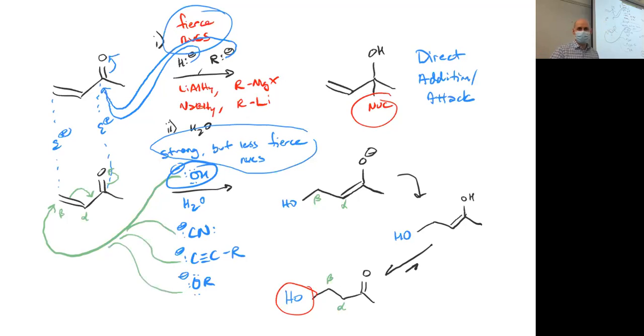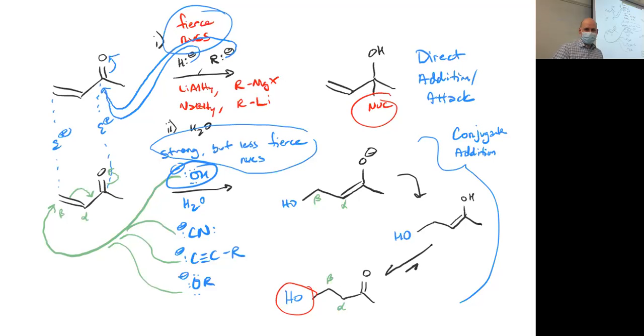And this is just a term, but compared to directly attacking the carbonyl, which is direct addition, all of this stuff with these strong but not so fierce nucleophiles, this is called conjugate addition. I'm not so worried about the terms as long as you're putting things in the right place. But they would end up attached to the beta spot instead.